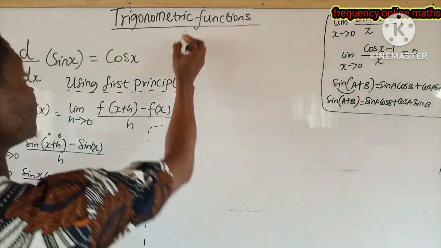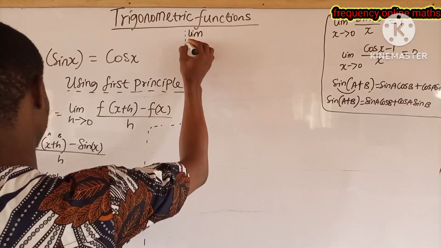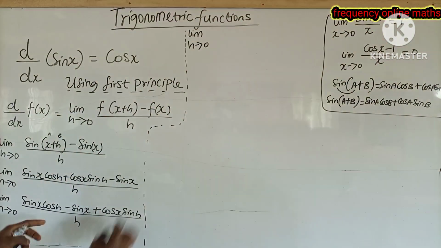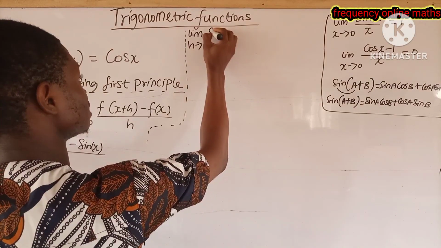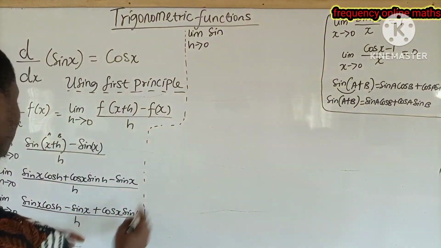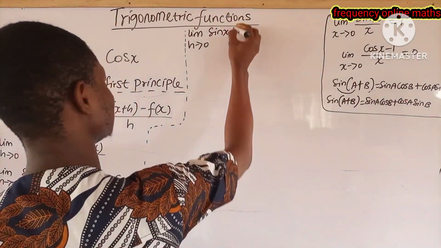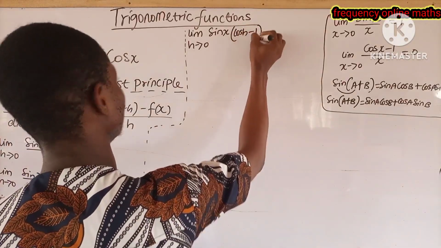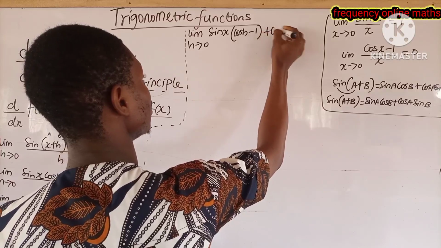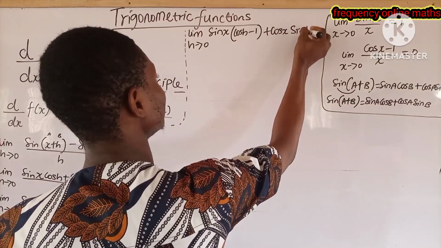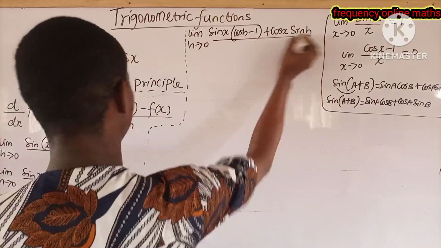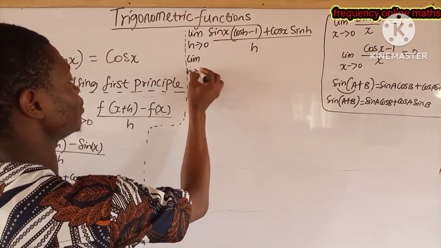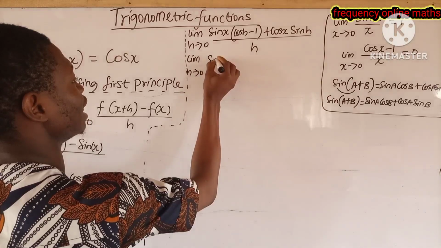So we have the limit of h approaches 0. We are going to factorize: sine x is common here, so we bring out sine x bracket cos h minus 1, plus cos x sine h, all over h.